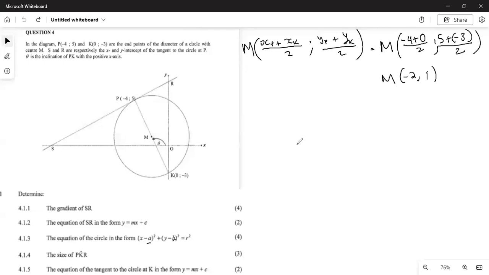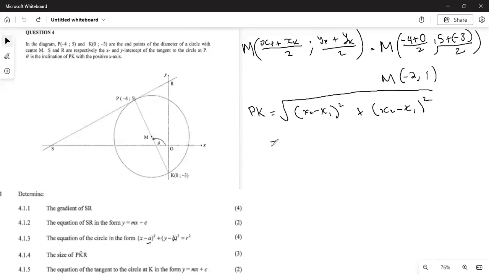For method 3, after they calculated the midpoint, which is M, they went ahead and calculated the distance between P and K. So PK is going to be equal to the square root of (x2 - x1)² + (y2 - y1)².